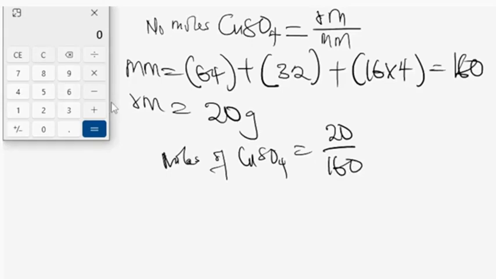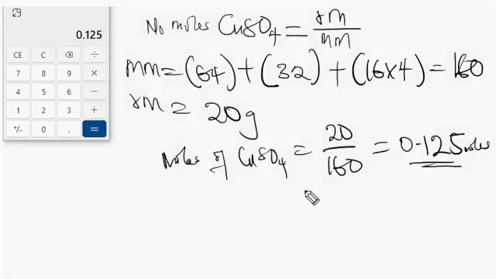So let's go ahead and solve these together. And this will give us 0.125 moles.